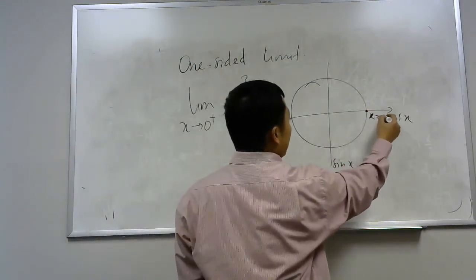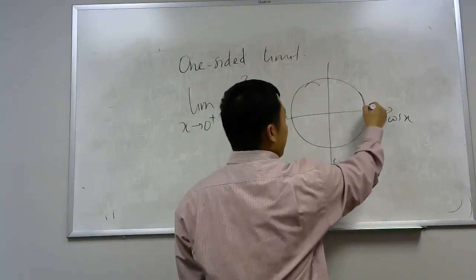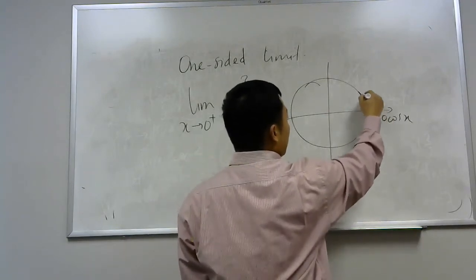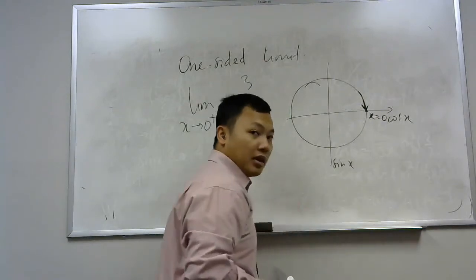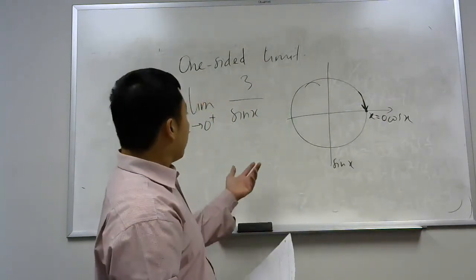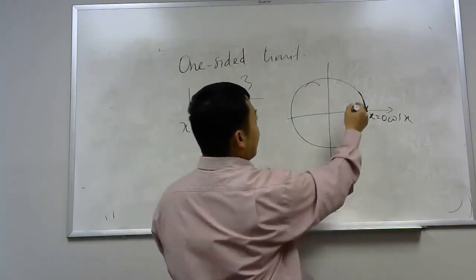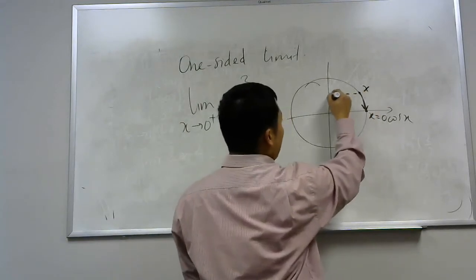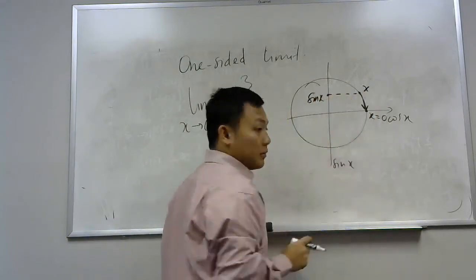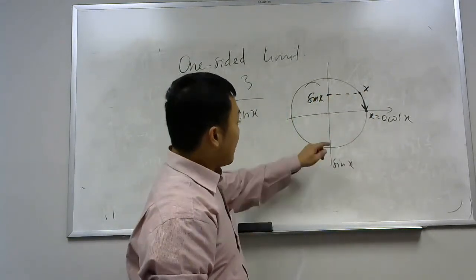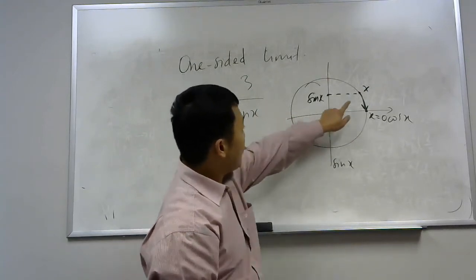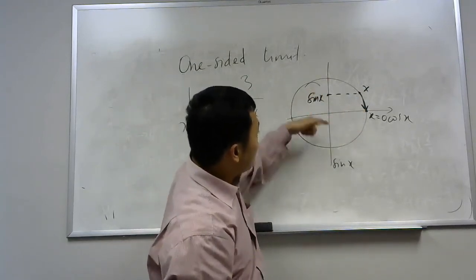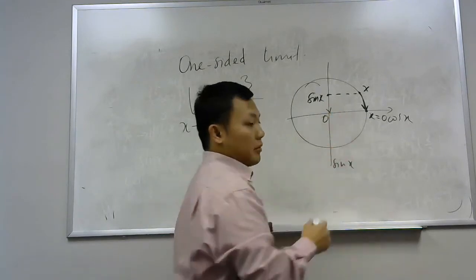Here is x equal to 0. X goes to 0 from the right means we go to 0 in this direction, right? So what happened? If this is x, then this is sine x. So when x goes to 0, sine x just goes to 0, right?